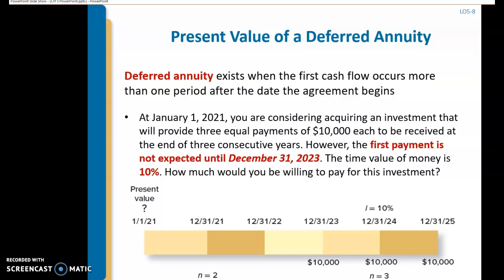Let's figure out the information we do have and the information we don't have. First of all, we don't know what the present value is. We do know that i equals 10%, and we also know that there are two separate periods. There's the n equals 3 for the annuity calculation in this problem, and there's n equals 2 for the present value calculation in this problem.